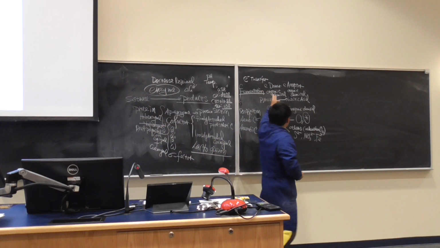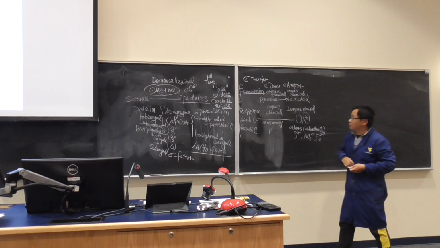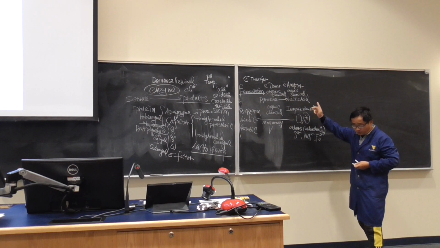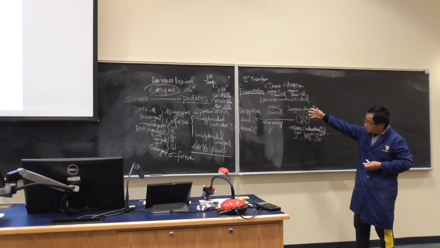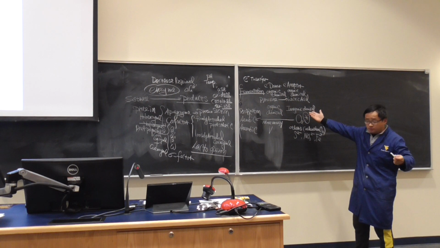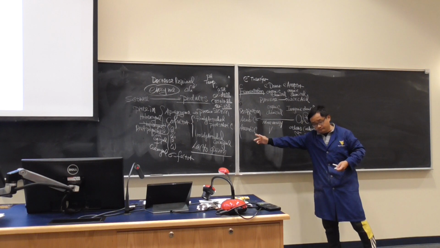We talk about electron donor and electron acceptor. If electron donor is organic chemical and electron acceptor also organic chemical, we call it fermentation. If the electron donor is organic chemical, let's say glucose, and the electron acceptor is inorganic chemical, let's say oxygen, that is aerobic respiration.